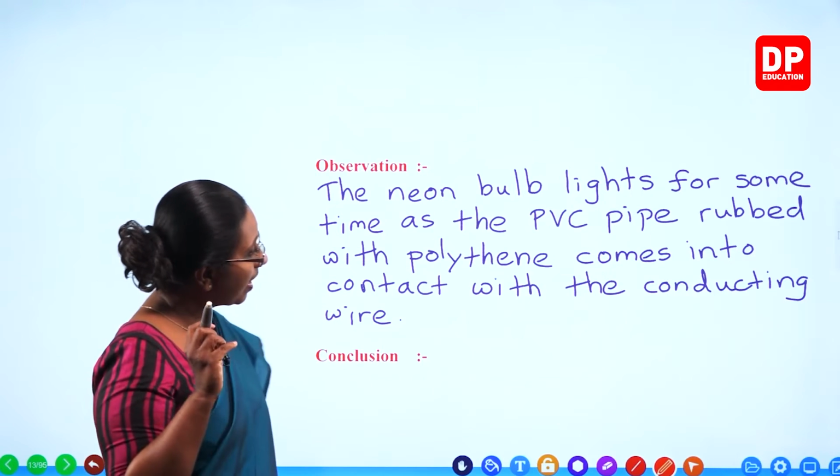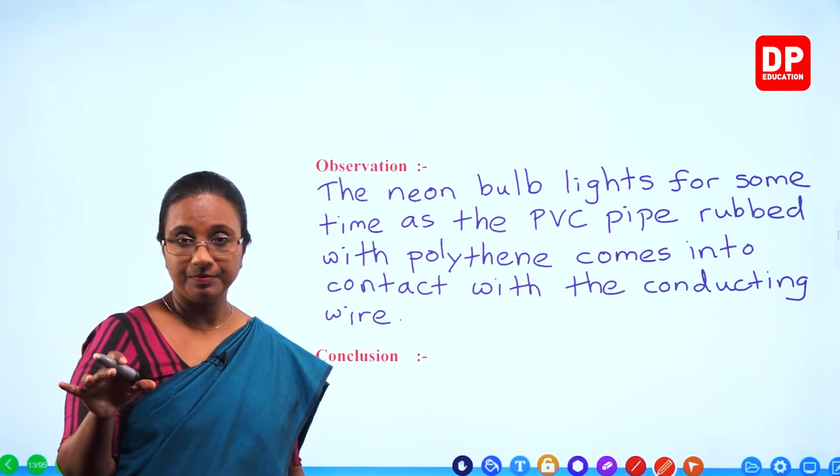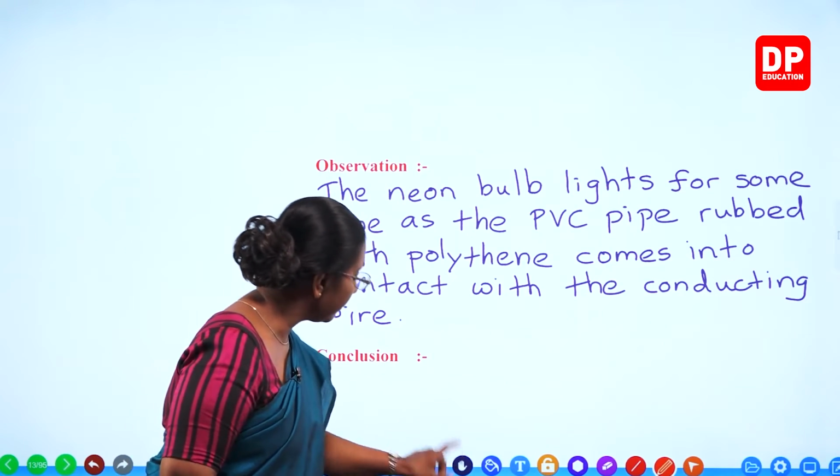So the neon bulb lights only for some time. So what is the reason for that?